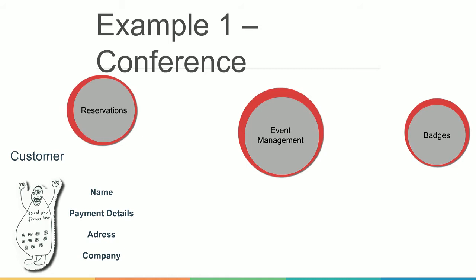Now, the second context, event management. Well, this context tries to manage the event. For instance, the catering. We need to know, first of all, how many people we are awaiting for the conference. It doesn't make sense to prepare 1,000 meals for a 100-person conference.